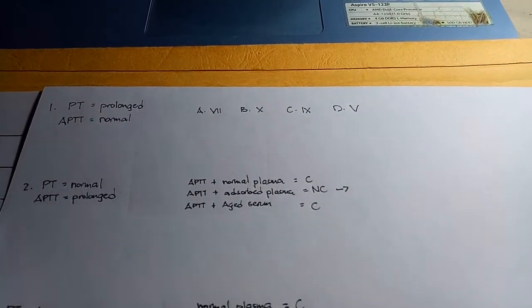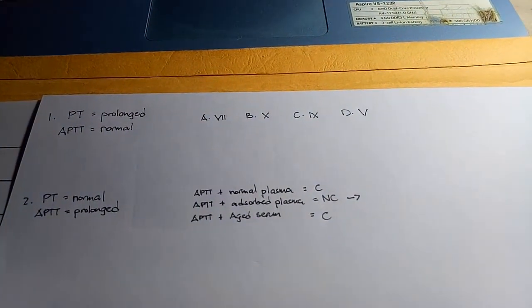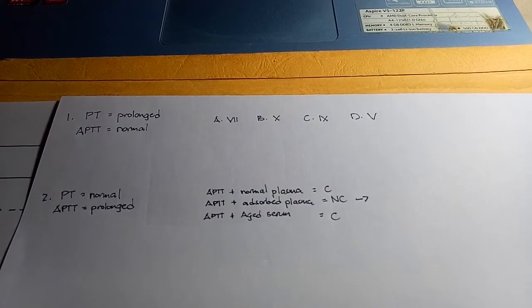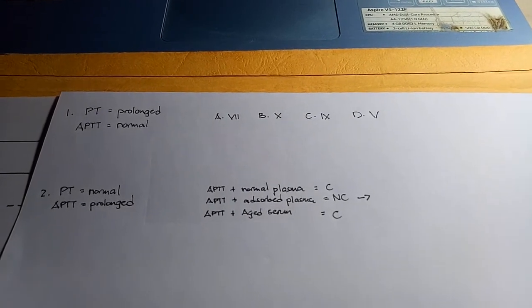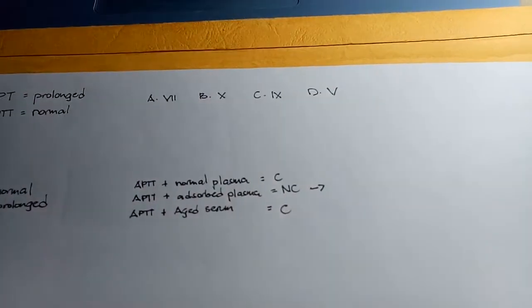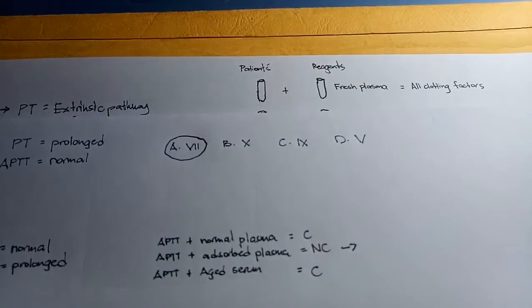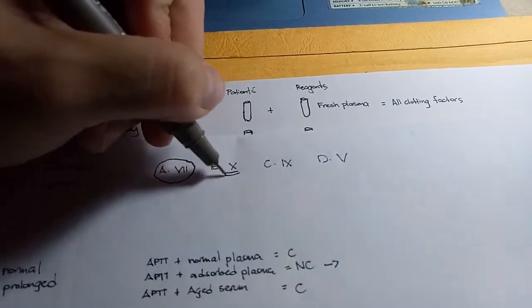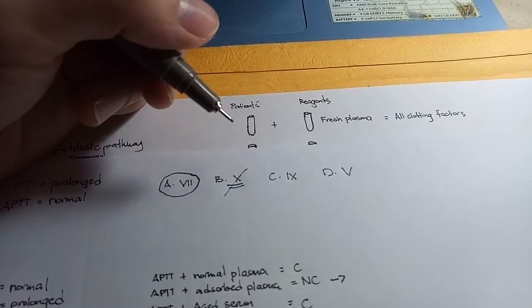So, ngayon, ang PT natin siya yung prolong. At dahil prolong siya and your PT is a test to detect coagulation factors that belongs to the extrinsic pathway and common pathway, so our best answer diyan sa choices is si factor 7. Okay? So, hindi pwedeng factor 10. Bakit hindi pwede ang factor 10? Kasi, factor 10 belongs to the common pathway.